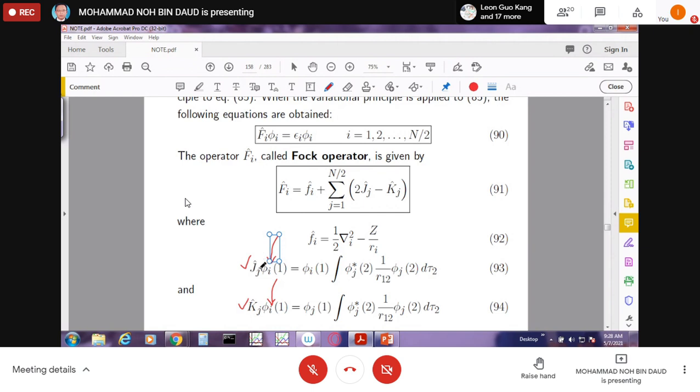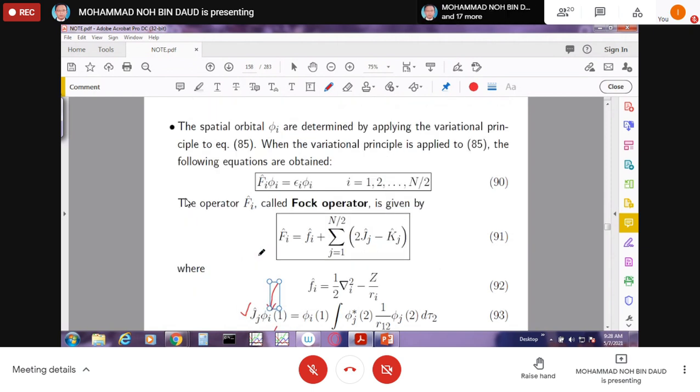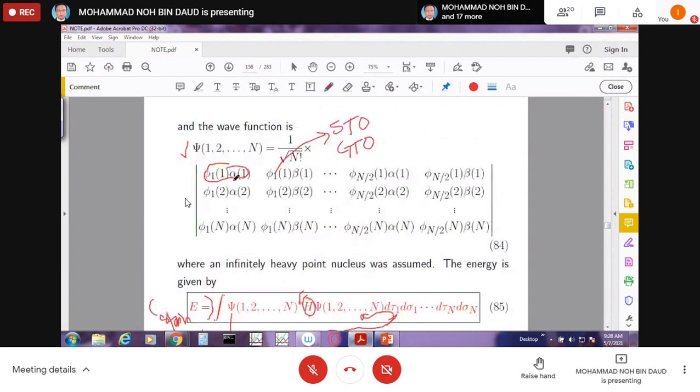If you notice here, this is a linear combination. If you have this simple S2, we have the coefficient in front here. In the Hartree-Fock method, this will be optimized.